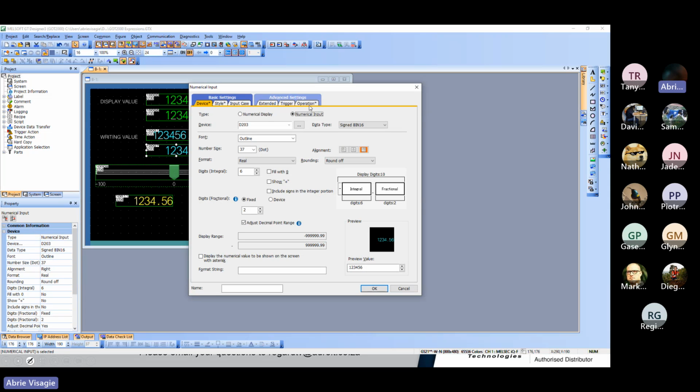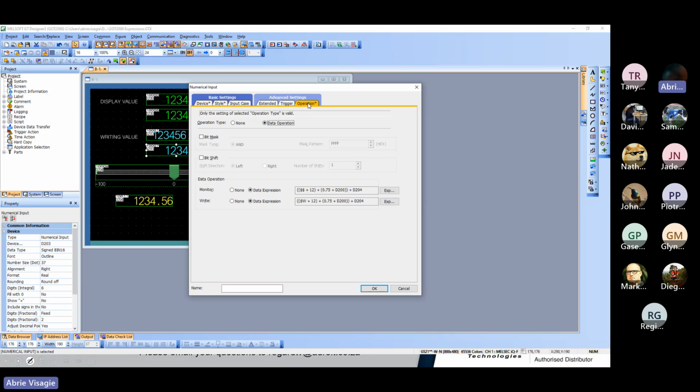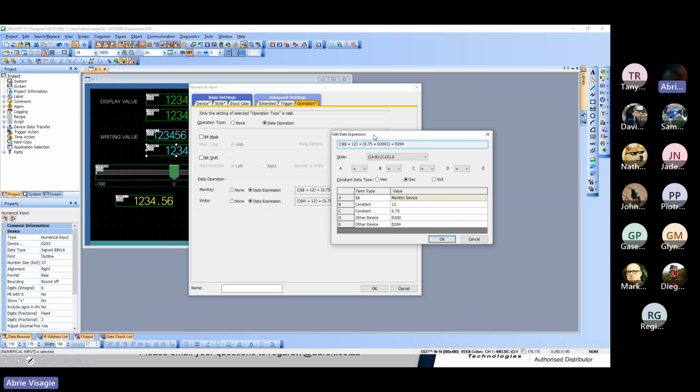We see for this specific text value that for monitoring and for writing, we will be taking a value D203. We will be adding 12 to it, and additionally to that, we'll be adding 0.75.